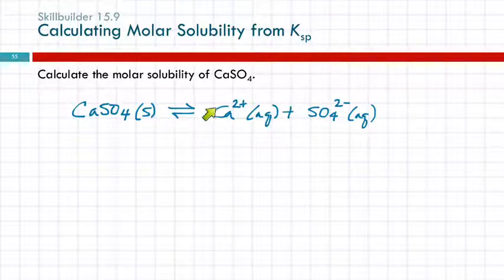So here we've got one calcium ion for every one sulfate ion. And so if you can remember, the molar solubility will just be the square root of KSP.